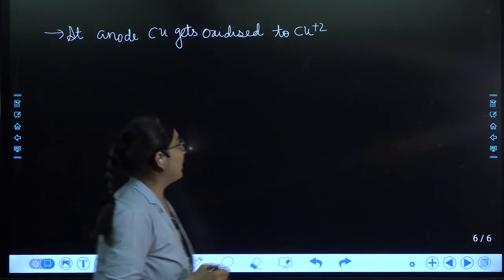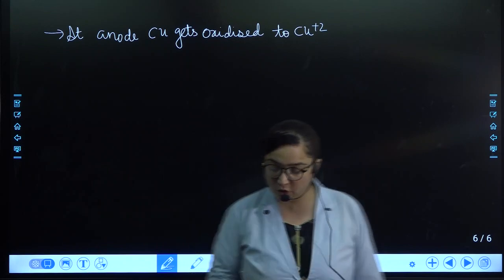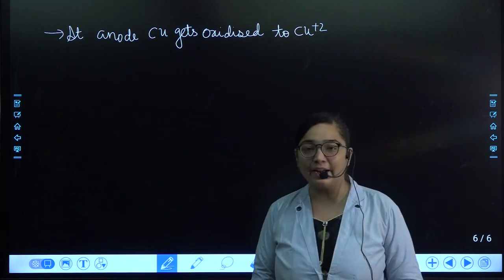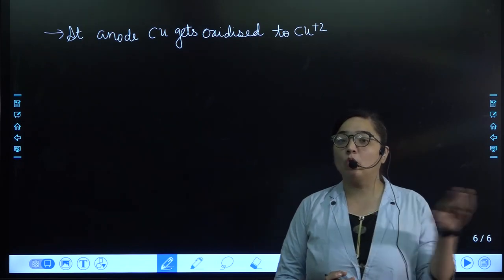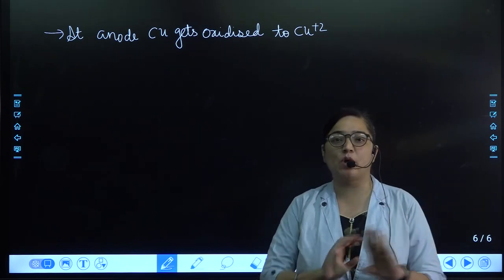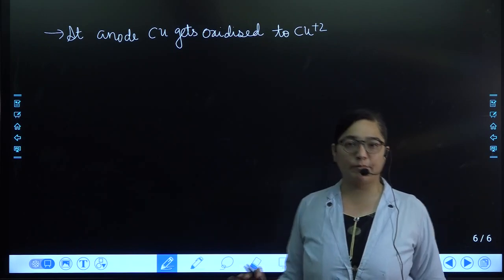At the anode, copper gets oxidized to Cu2+ ions, and in this way the total amount of Cu2+ ions in the solution will not be affected.